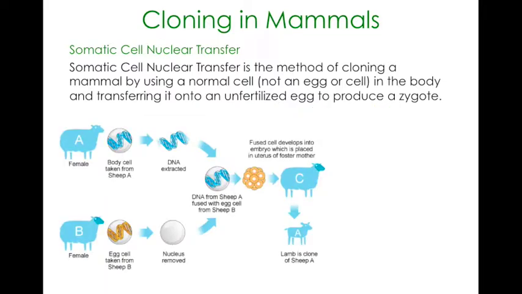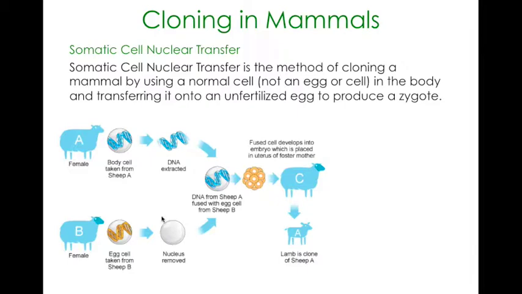If you don't take an embryo, you can take a regular body cell. Same concept. Let's say you've got sheep A, and you take a body cell, a muscle cell or a skin cell or whatever, a regular body cell from the sheep. You take the DNA out of this, from sheep A, and then you take an unfertilized egg from sheep B. You do the same thing.